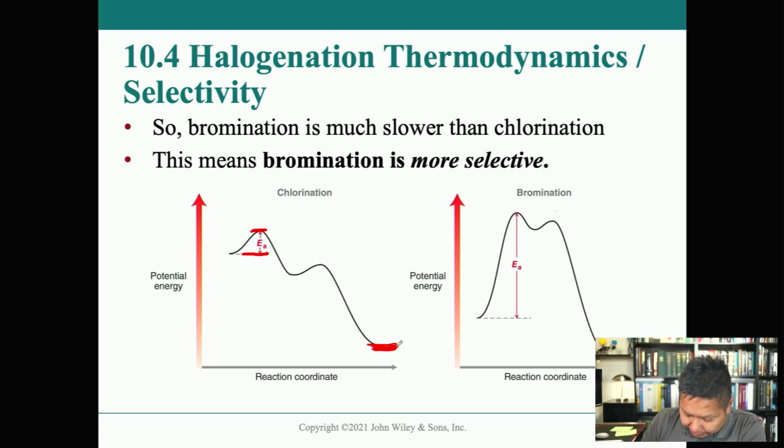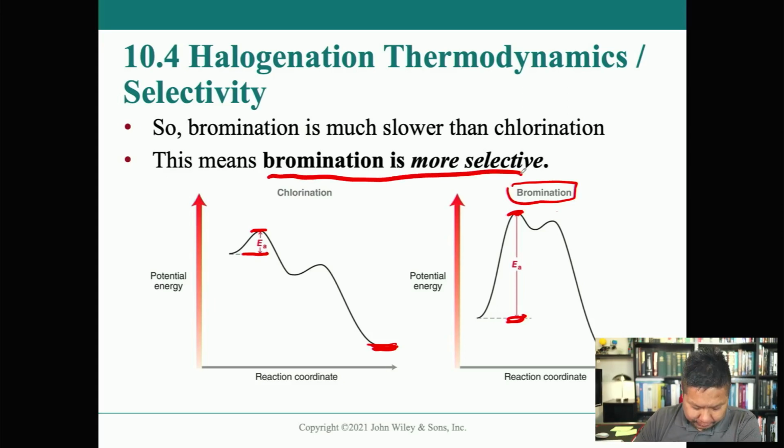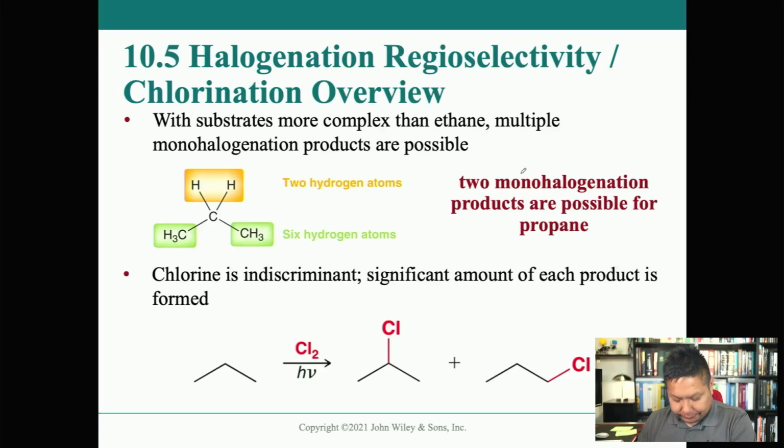On the other hand, with the bromination, the endothermic reaction for the hydrogen abstraction means that you have a much higher activation energy barrier, right? And what that means practically in chemistry is that bromination is much more selective. And what do I mean by much more selective? Okay. Well, let's talk about that.